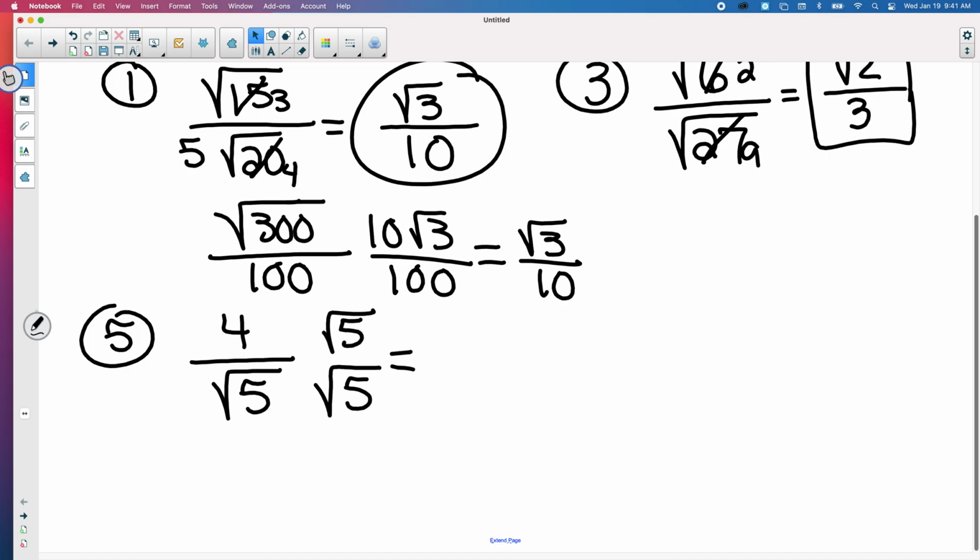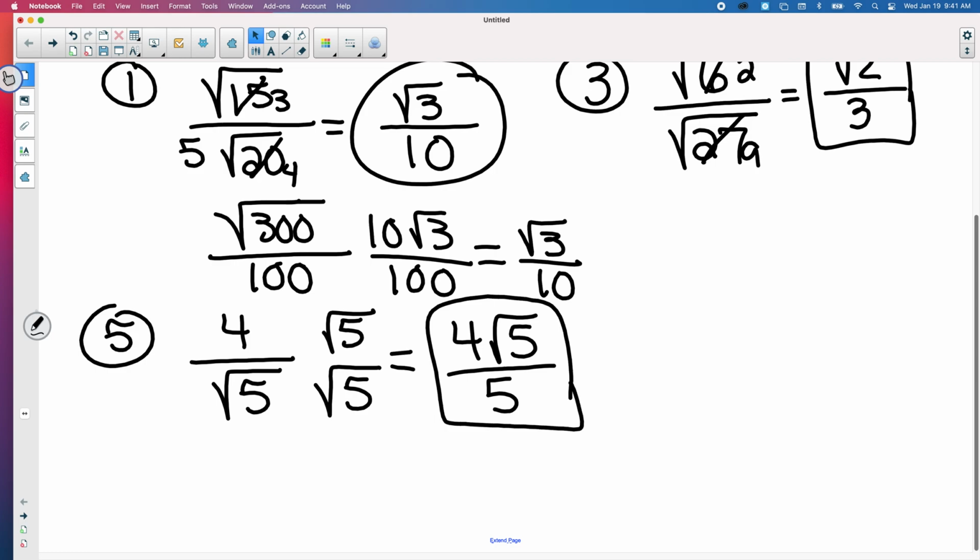And if you can do that in your head, you don't have to show that step. So that would be 4 radical 5 over 5. You do want to make sure you check to see if the things that are now outside the radical would simplify. You would go ahead and simplify them if they had a common factor. But since they don't, then that's all you have to do.